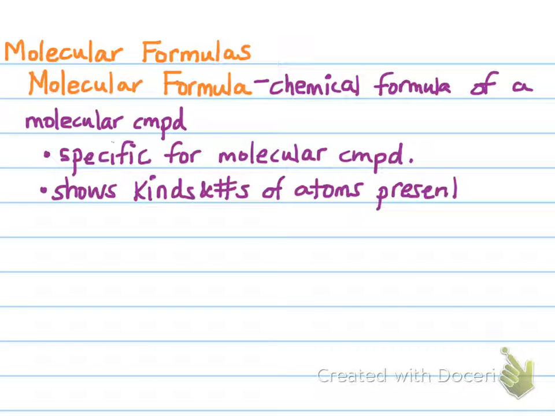And this time, instead of saying in a representative unit, we're going to get more specific about what that representative unit is: in a molecule of a compound. The smallest piece of a molecular compound is a molecule. So a molecular formula shows the kinds and numbers of atoms present in a molecule of a compound.